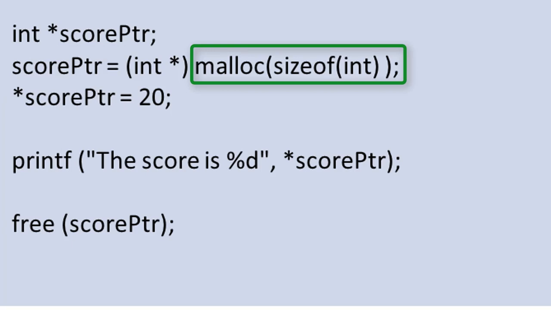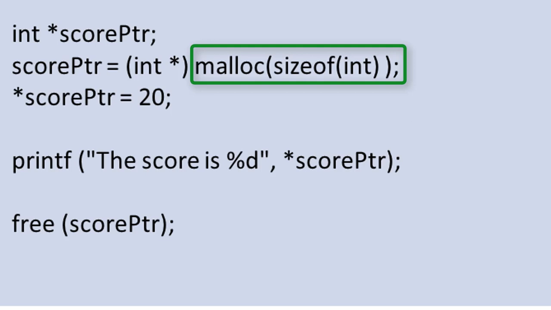This example shows malloc being used to allocate enough space for a single integer. It is written as malloc(sizeof(int)); where sizeof(int) identifies the number of bytes for an integer.